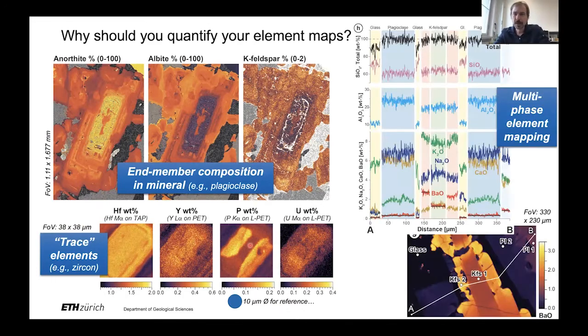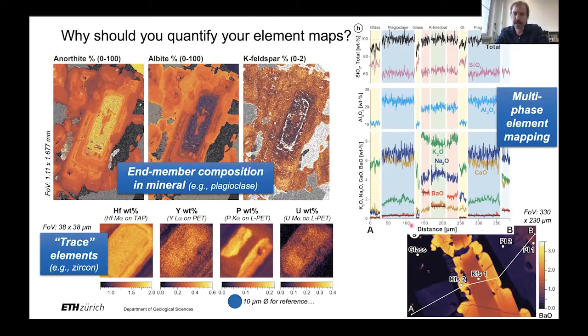You can also deal with multiple phase element mapping, where here we are looking at the Jawbridge rhyolites, where we have a K-feldspar with two different generations of K-feldspar, a barium-poor one and a barium-richer one. And we get this full area quantified, including also the plagioclase and the glass matrix that is in there.